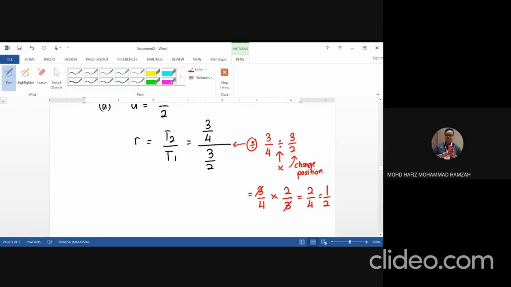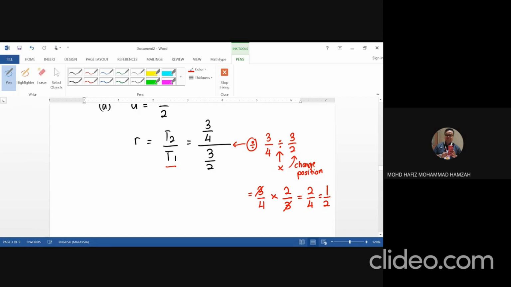Okay, so saya ulang balik. Untuk dapatkan common ratio, you boleh pakai T2/T1 ataupun you boleh juga pakai T3/T2. So dekat sini saya pilih term kedua per term pertama. So yang ni. Okay, so term kedua adalah 3/4, term pertama adalah 3/2. Note that yang besar ni adalah bahagi. So that means we can write it as 3/4 bahagi dengan 3/2.